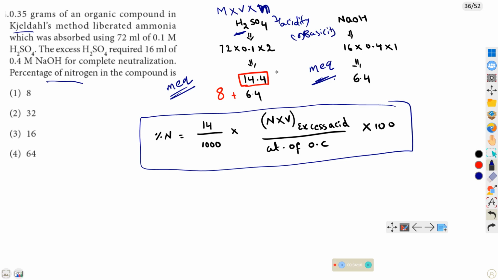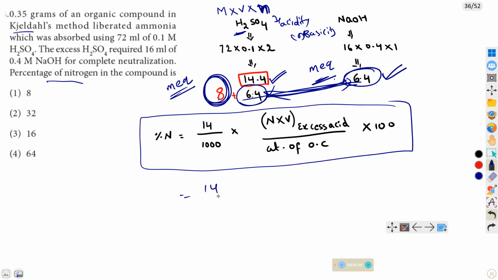Acid milliequivalents 14.4, base milliequivalents 6.4. The 14.4 is also written as 8 plus 6.4. So 6.4 milliequivalents of acid reacts with 6.4 milliequivalents of base. Neutralization reaction takes place. Now the remaining excess milliequivalents of acid is 8.